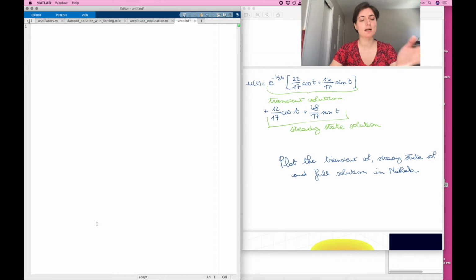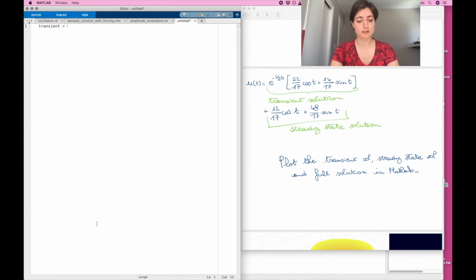As you have seen, I'm going to do a live coding session, and we're going to see how to plot things in a nice way. So the first step is that we just want to create the transient solution and the steady state solution as two different functions.